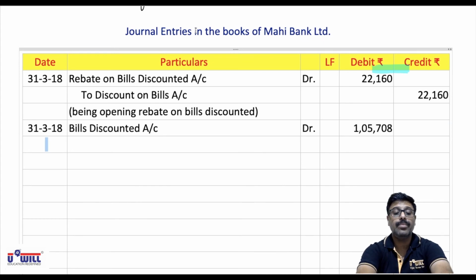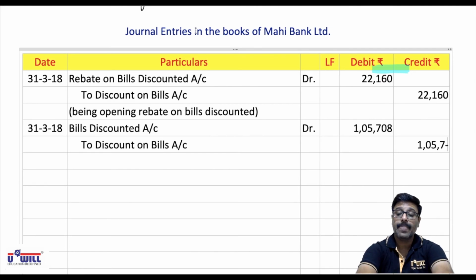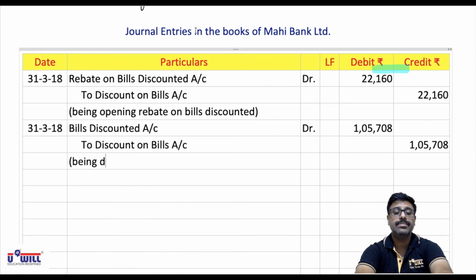And then discount is an income, credit all incomes and gains. So to discount on bills account 105708, being discount income of current year.